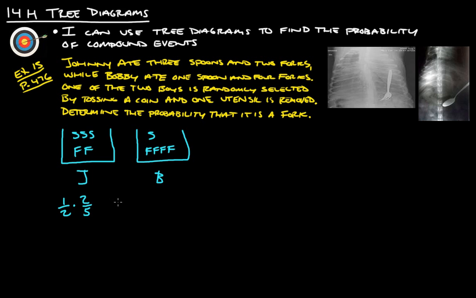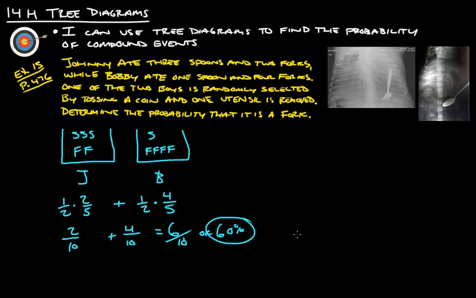And then we are going to take that and add the probability that it's Bobby instead. So Bobby again is a 1/2 chance of getting chosen. And then forks, he's got 4/5 of the utensils that are forks. So we're just going to add those two together. So that gives us what? 2/10 plus 4/10 gives us 6/10, or 60% chance.